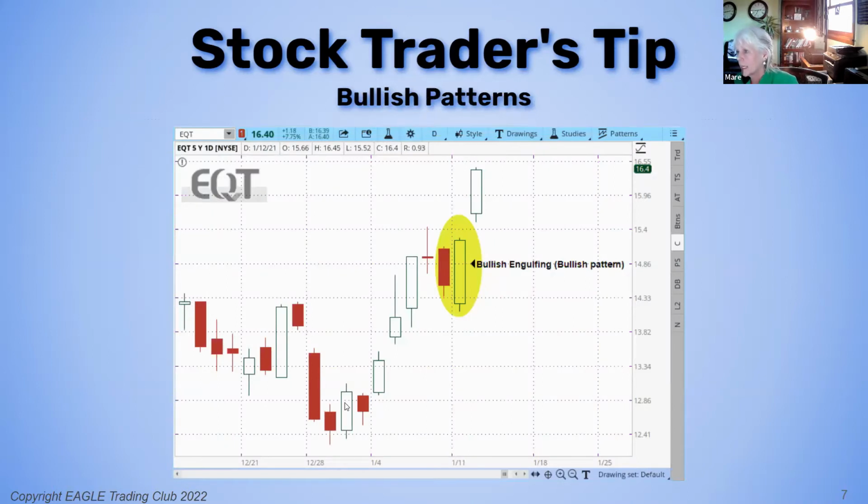Okay, so here's an example of a bullish engulfing pattern. We have seen these before. This is where this big green candle engulfs the prior day's red candle. It's a really good sign that this is going to go up. This is one of the ones that I like the most.